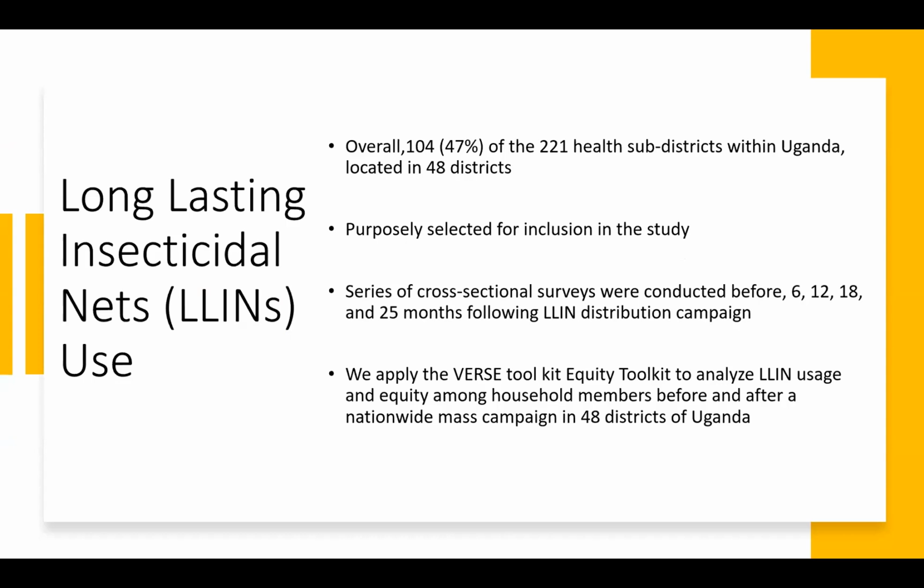The health sub-districts were selected purposefully, and a series of cross-sectional surveys were conducted before the national net distribution campaign, then at 6, 12, 18, and 24 months.